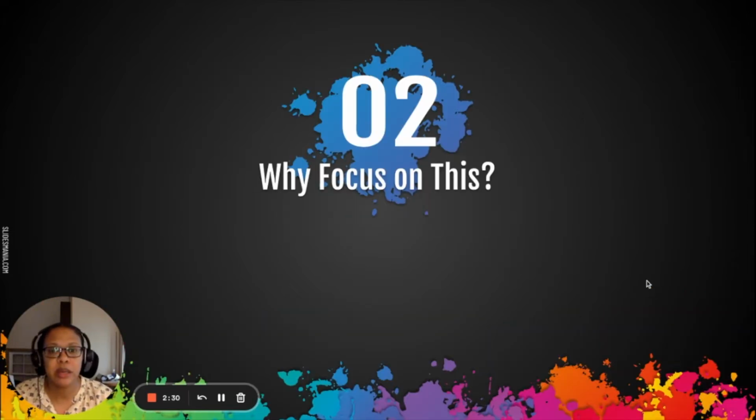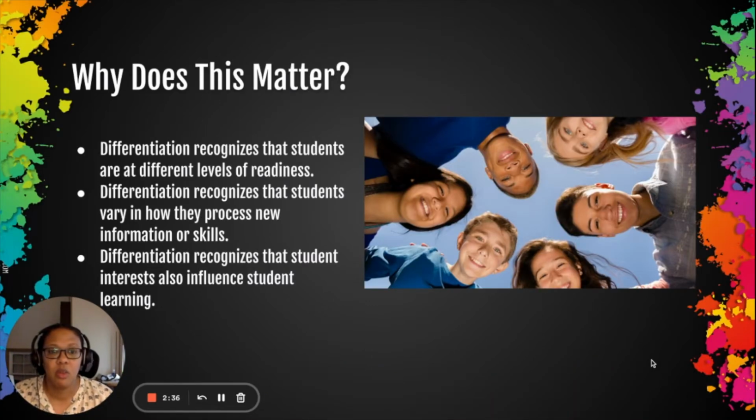So why should we focus on this in our band rooms? Why is this so important for us? Well, differentiation recognizes that students are at different levels of readiness, and every band director knows that's a reality for us. It also recognizes that students vary in how they process new information or skills. And finally, differentiation recognizes that student interests also influence student learning.